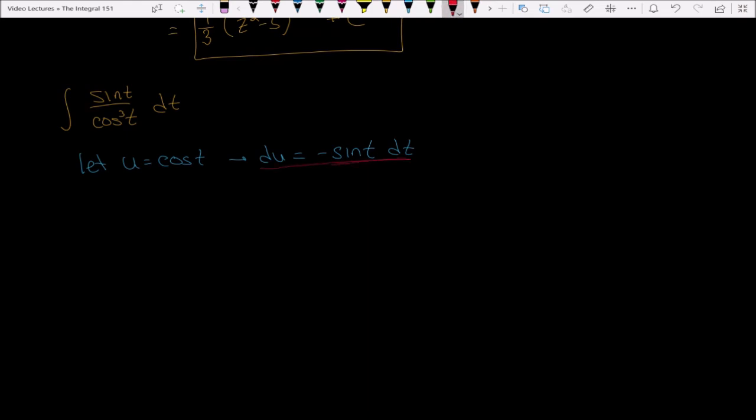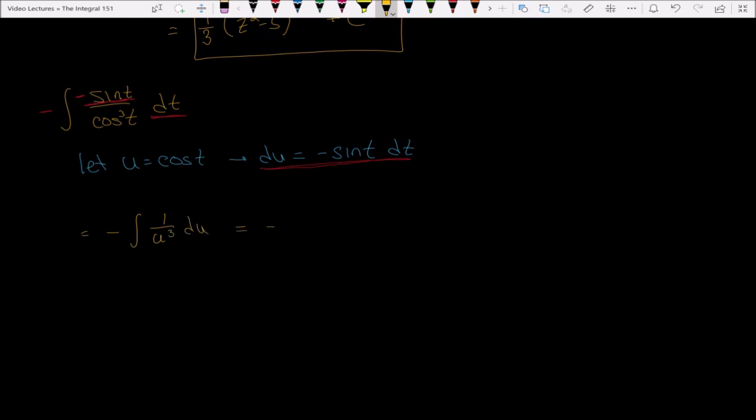All right, so this is what we're looking for in the integral. Well, here we go. We have a sine t, we have a dt. We do not have negative. So why not multiply the sine by negative and then multiply the overall result by negative? This will now give us negative antiderivative 1 over u cubed du.